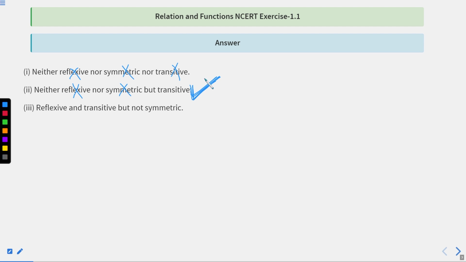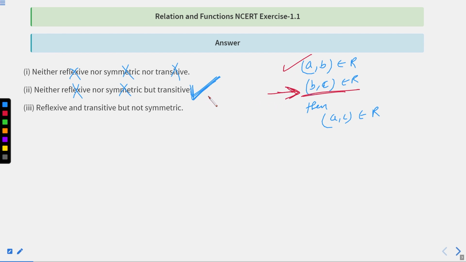Please keep in mind that whenever you have (a, b) belongs to R, (b, c) belongs to R, then (a, c) also belongs to R. Whenever you have this condition satisfied, or do not have any pair like these, then in these cases we always take that my relation is transitive, because it doesn't violate any part of this definition.